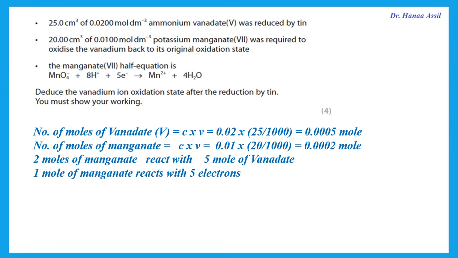Remember, 1 mole of permanganate will oxidize it 1 step further. So if I needed 2 moles, that means that the vanadium(V) was reduced to +3, so that when I reacted it with the permanganate, I oxidized it from +3 to +4, and then from +4 to +5. So these are 2 steps that needed 2 moles.